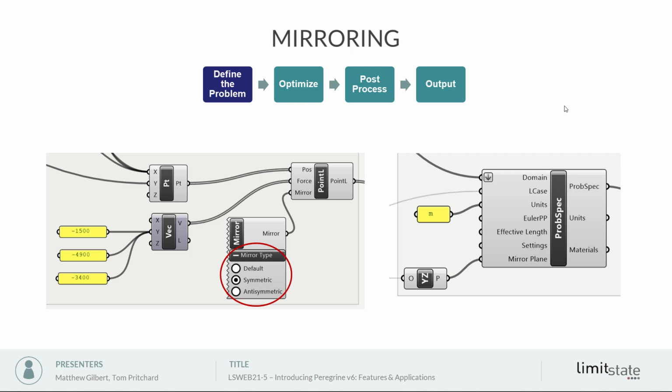You can also do the same into the line loading, and the supports will be mirrored by default should you provide a mirror plane into the problem specification, as we can see on the right hand side here. In this particular case we've just set a YZ plane and put that in at the origin, but you can suggest the point and the plane and the direction of that mirror as you need to.